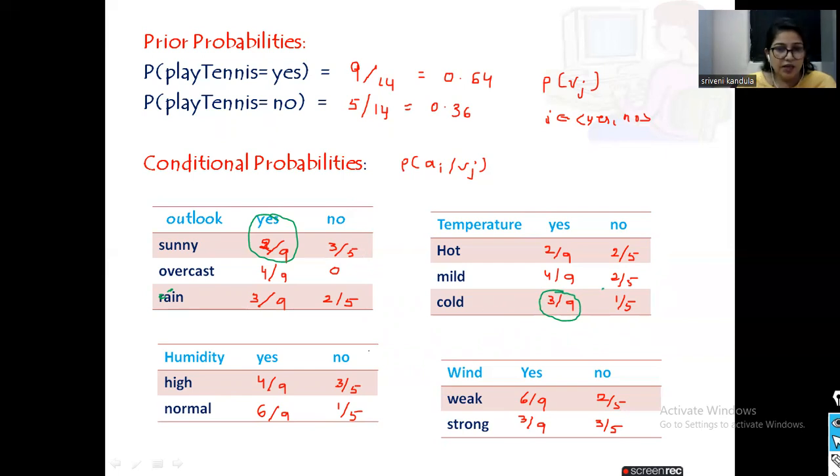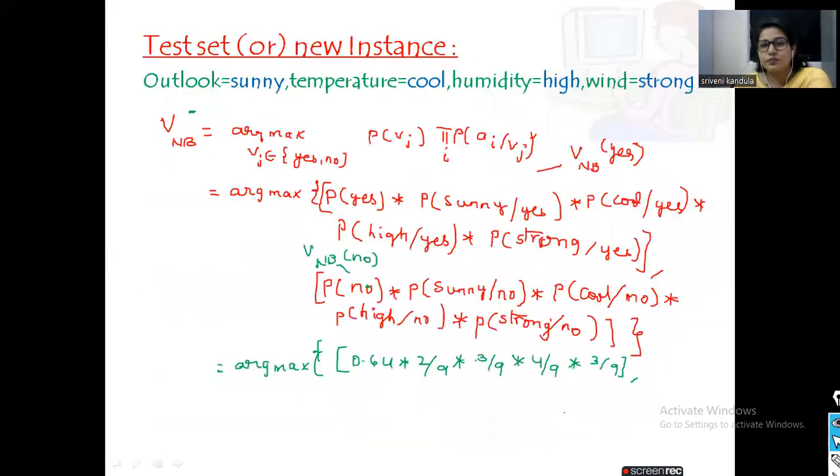Humidity high in case of S is 4 by 9, and wind is strong in case of S is 3 by 9. I hope you got from where we need to take these values. So all these values we have to multiply.